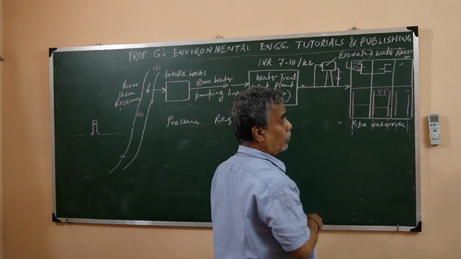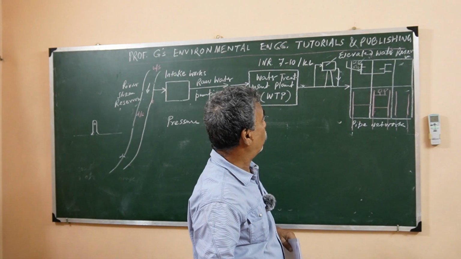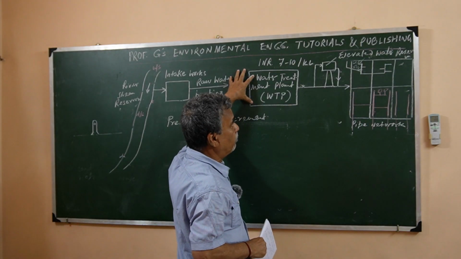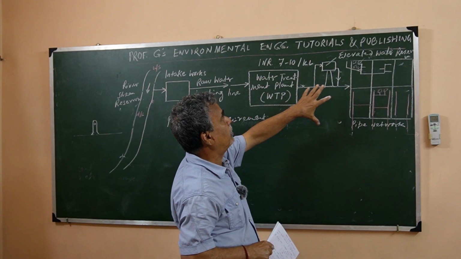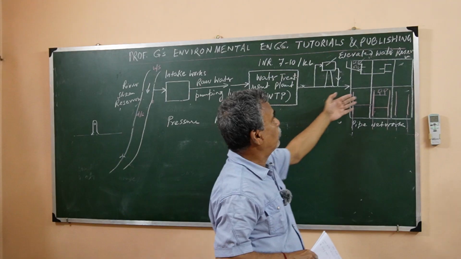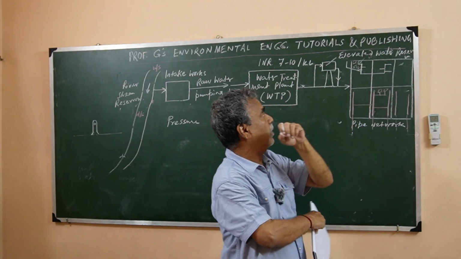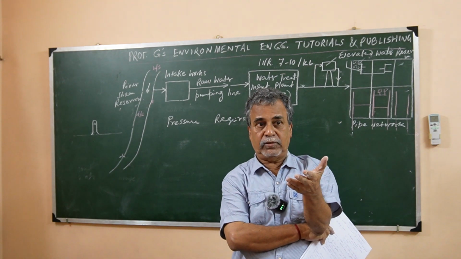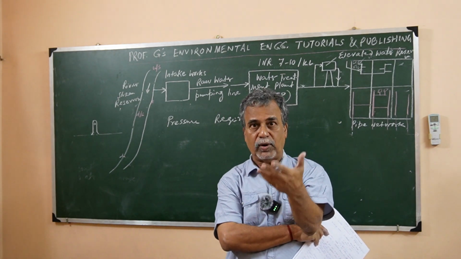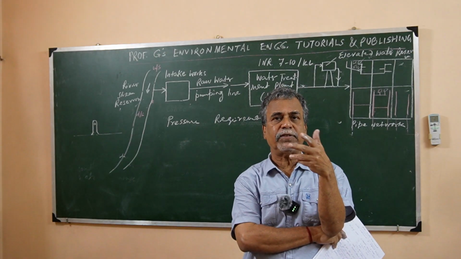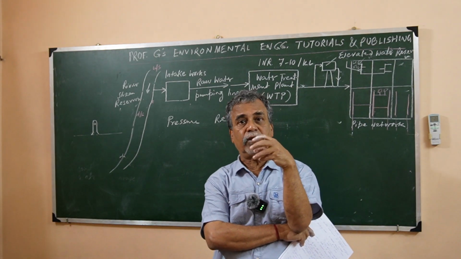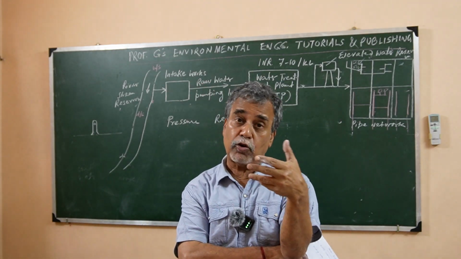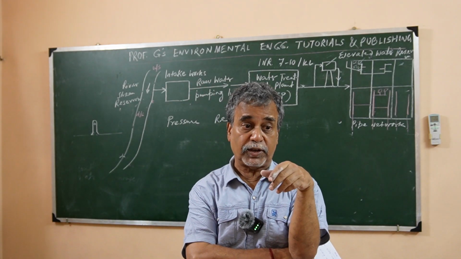Why is this done? Because the treatment plant may not always continuously send the water supply to the consumers. In many localities, it is not a continuous supply. It may be intermittent, which is the normal or common type of water supply system.